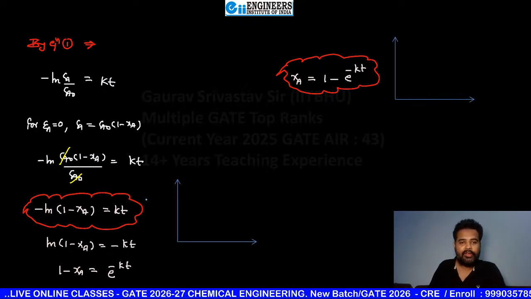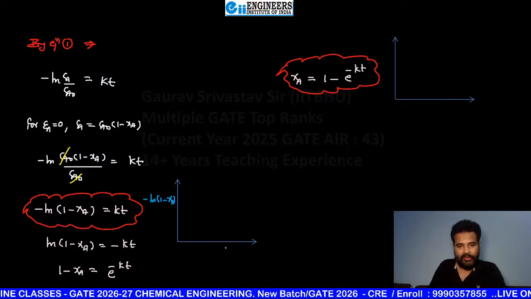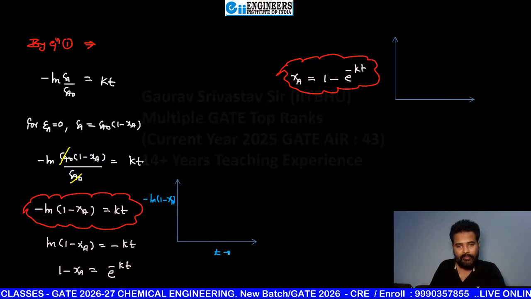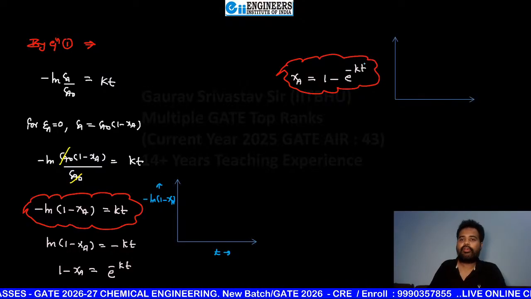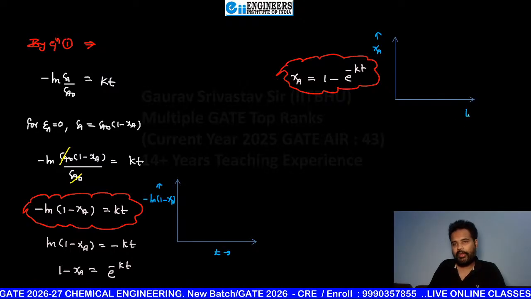In this case you can take minus ln of 1 minus XA here and time T here, and in one case XA here, time T here.